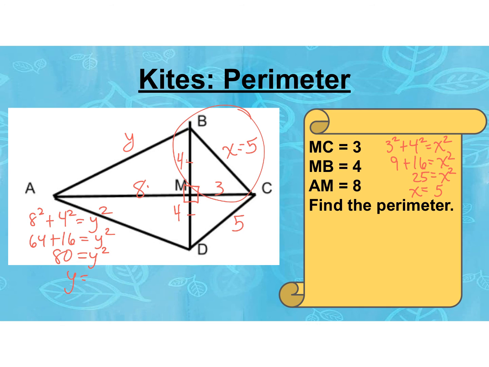So Y is going to be the square root of 80, and I don't have that written down as a decimal, so I'm just going to say square root of 80. You could hit the decimal and get that. When I want the perimeter, I'm going to add up my 2 5s and my 2 square roots of 80, or the decimal, whichever you have. So I'm going to get 10 plus 2 root 80 for my perimeter.